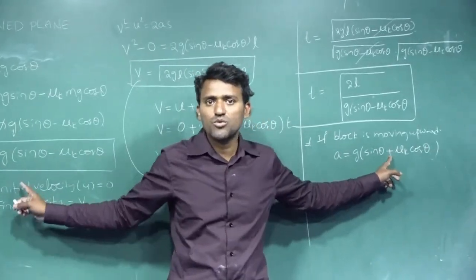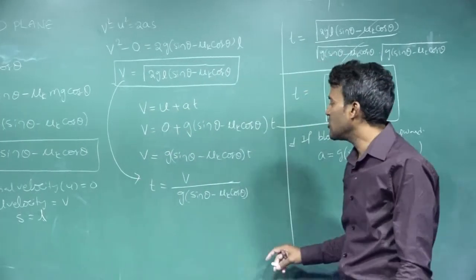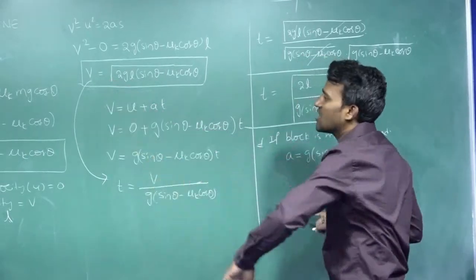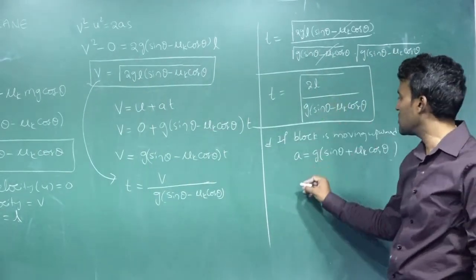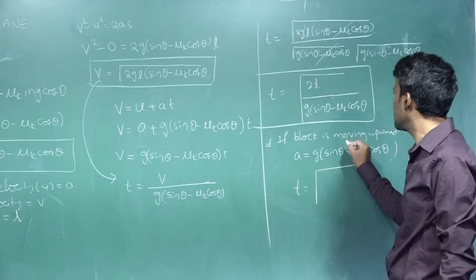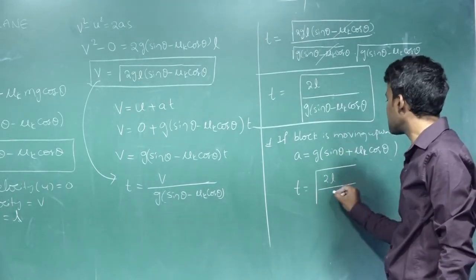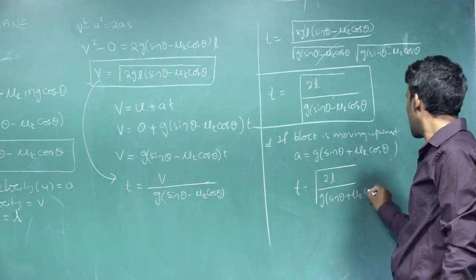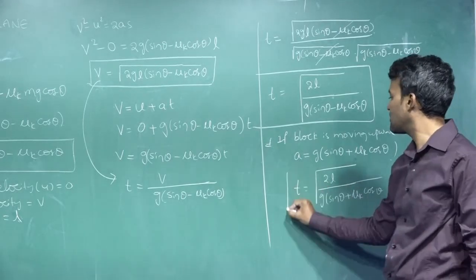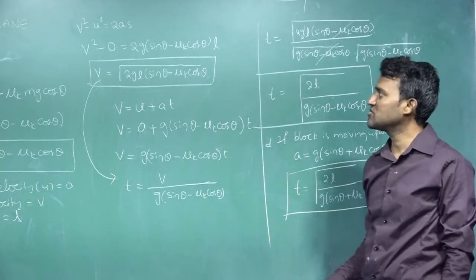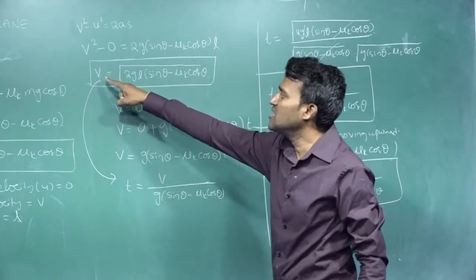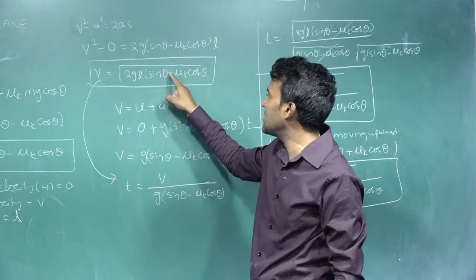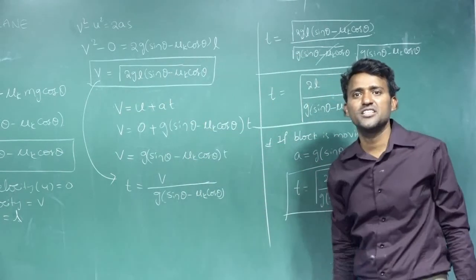We can prove this equation also, but directly we can write the acceleration with plus. What about the final velocity? These will change at that moment, and the time also will change. The time is equal to under root of 2L divided by g sin theta plus mu k cos theta. This is the time equation, and the initial velocity equation will be similar, where minus will become plus.